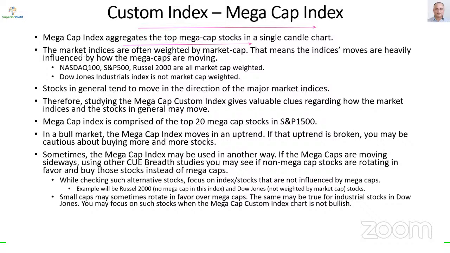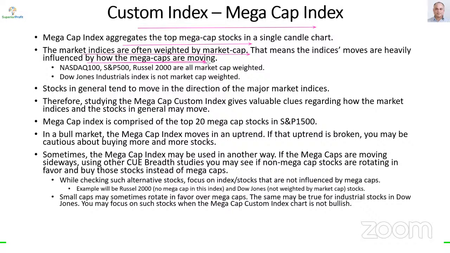Why it is important? The market indices are often weighted by market cap. That means the indices moves are heavily influenced by how mega caps are moving, because the mega caps in the USA have market caps that are much, much higher than average stocks. So if the market indices are market weighted, mega caps move.